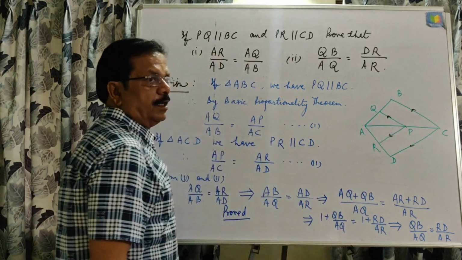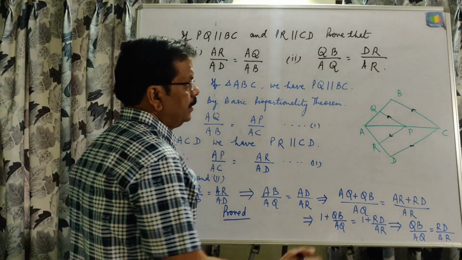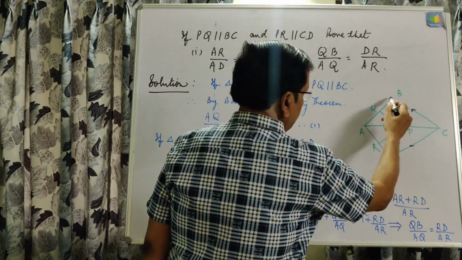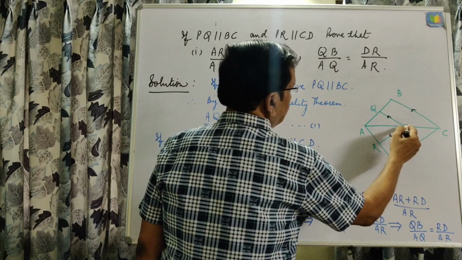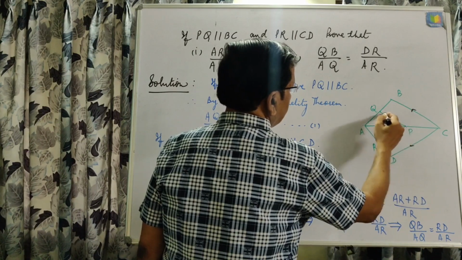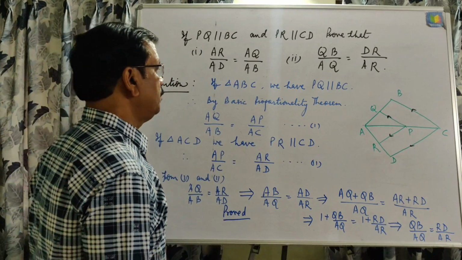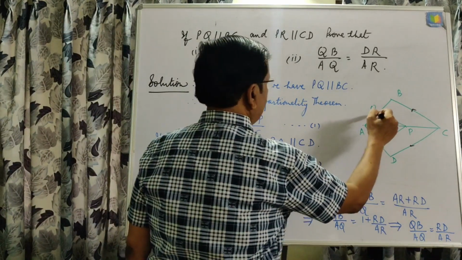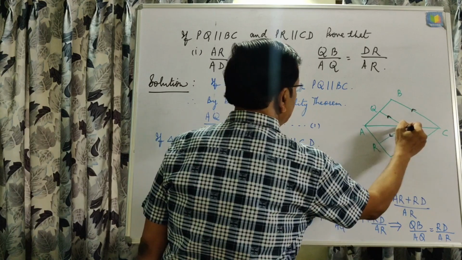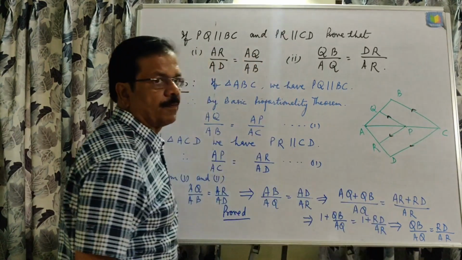Now first of all we will take this triangle. In this triangle from P we have drawn this line and these two lines are parallel. So by basic proportionality theorem AQ upon AB is equal to AP upon AC.